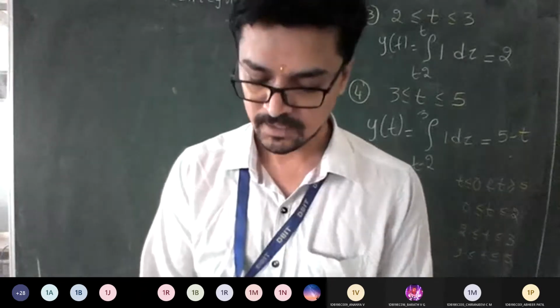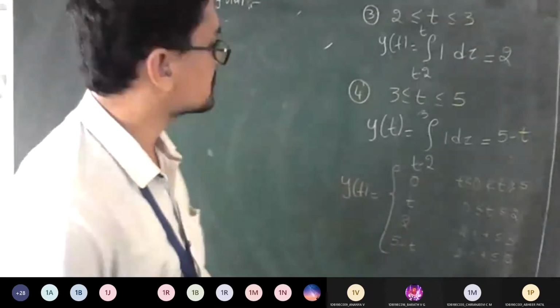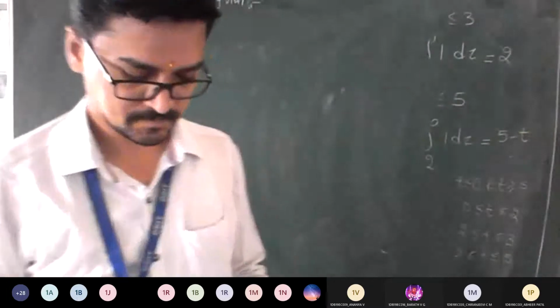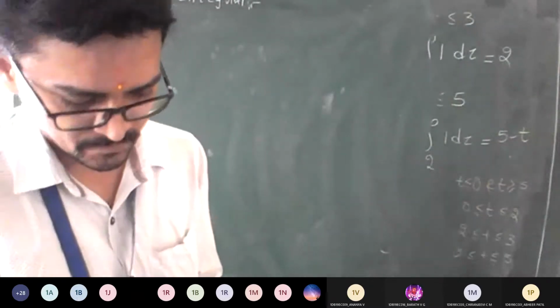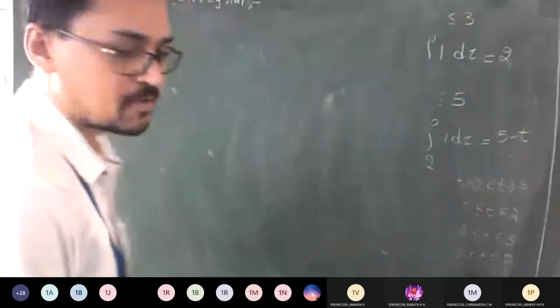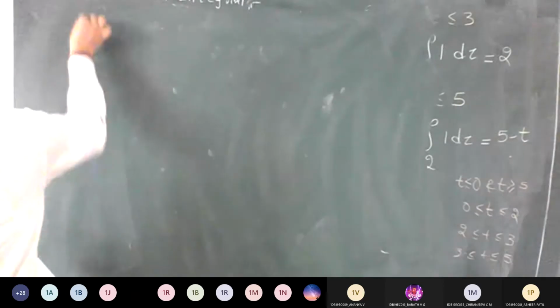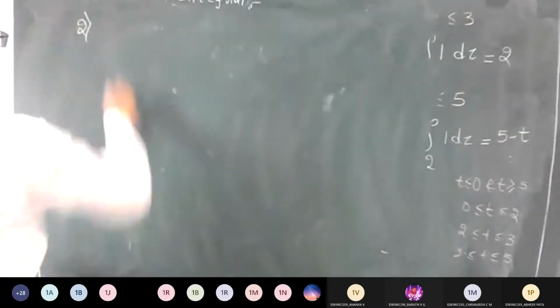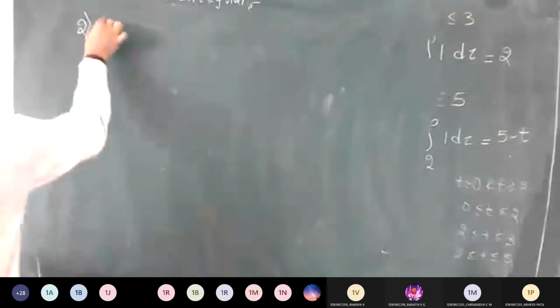Obtain the convolution of two functions given below. So they are given a condition here, x of t.